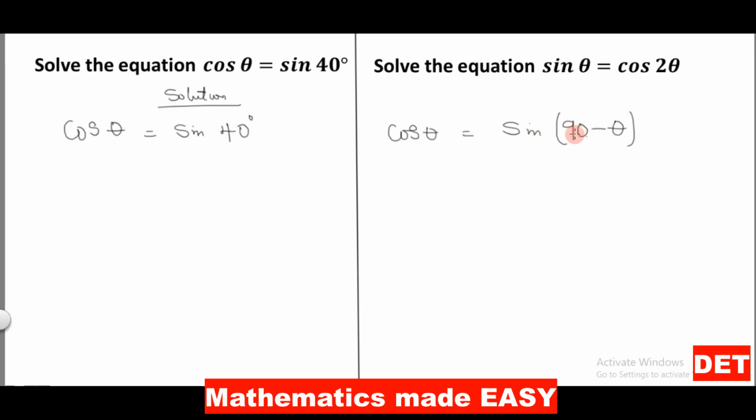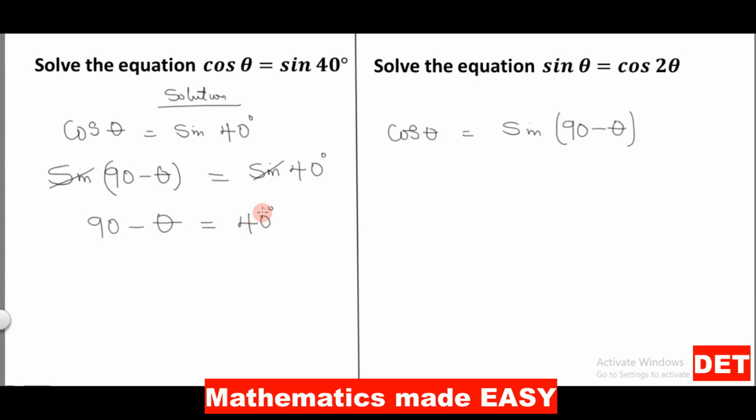So instead of writing cos theta here, I'm going to write sine(90 minus theta), is equal to sine 40. The reason I did this is so that my sine can cancel out my sine. So that will be 90 minus theta is equal to what?